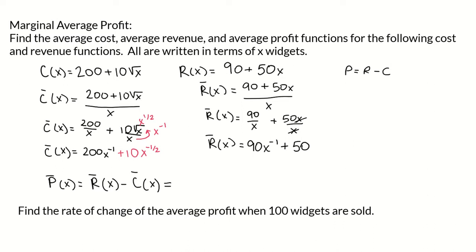So that means that we'll take this function R bar of X, 90X to the negative 1, plus 50, and then subtract from that the whole average cost function.